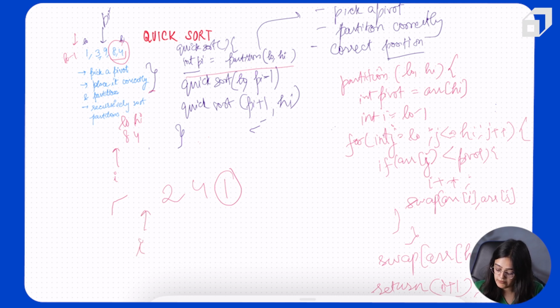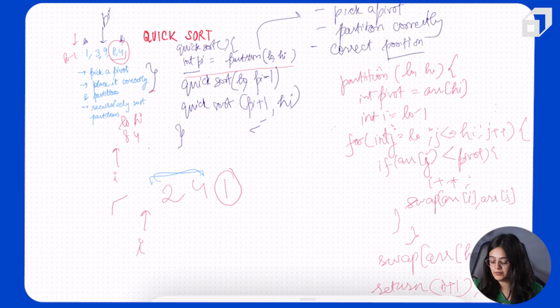Now, when we go through the array till here, we find no element which was smaller than the pivot element. So at the end, what we are deciding is that the correct position of the pivot element is i plus 1. And i plus 1 will be this position. So this means it will still put our pivot element at the right position, which is the first position. So they'll be swapped and it will still work correctly.